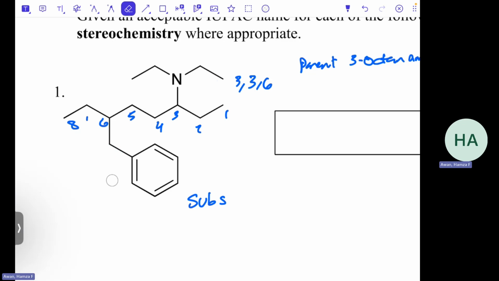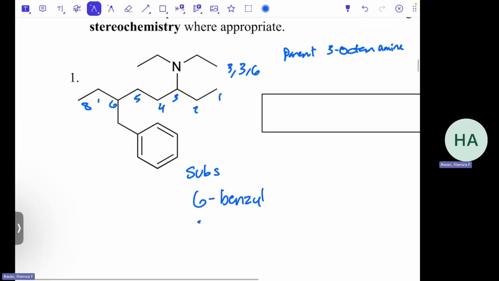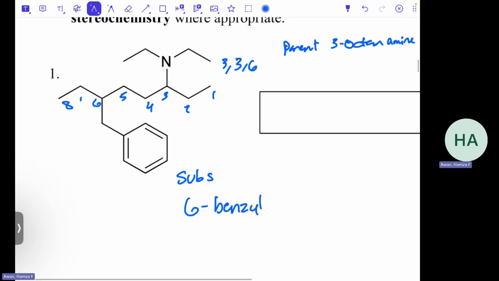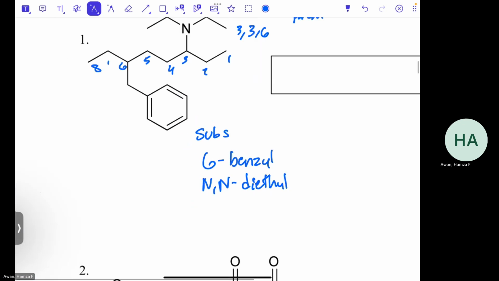So what we have here is a benzyl. So on carbon 6 we have a benzyl sub, and since we have the 2 ethyls on the N, it's actually going to be N comma N diethyl.